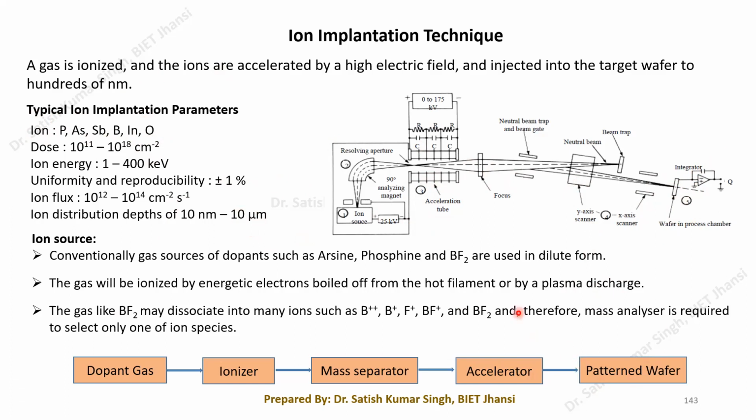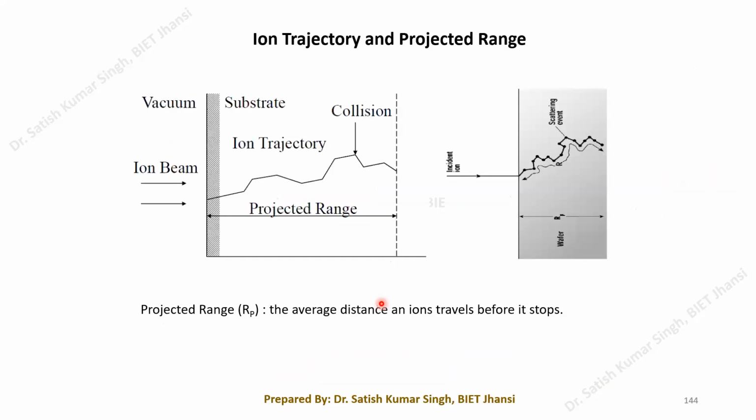One thing which is very important, as I said in the previous slide, is that we are getting a certain profile of the dopant. As we know, we are talking here about silicon wafers, where we want to perform the doping of a certain material.